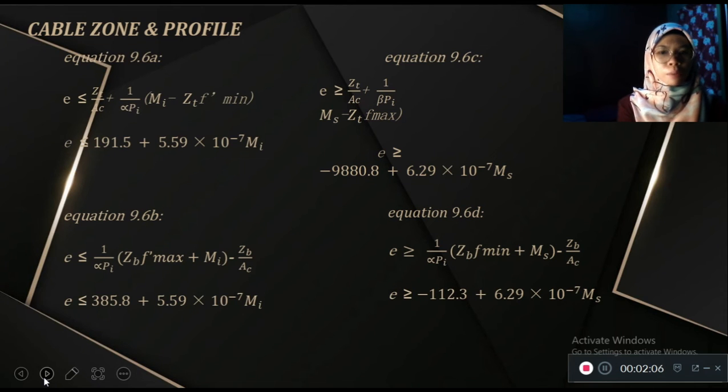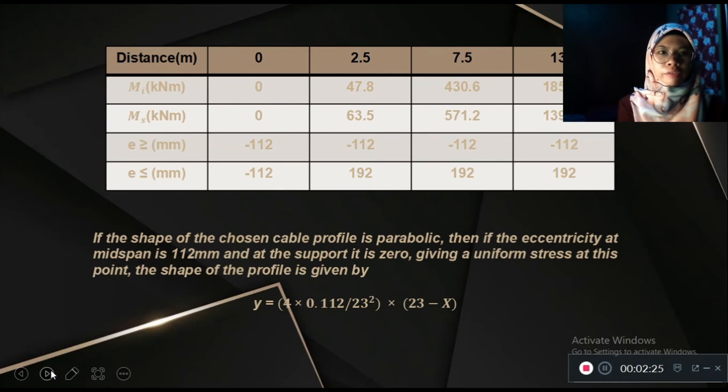Next, we go to the cable zone and profile. The limits for the cable zone are given by the inequalities 9.6a until 9.6t. So this is what we got for the inequalities, and for the distances, which are 0, 2.5 meter, 7.5 meter, and also 13.5 meter.